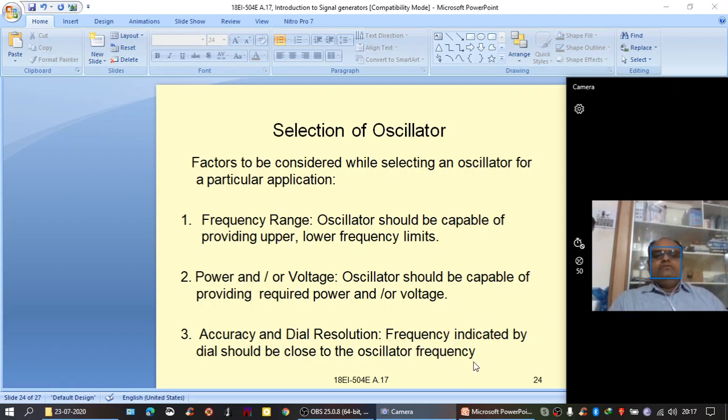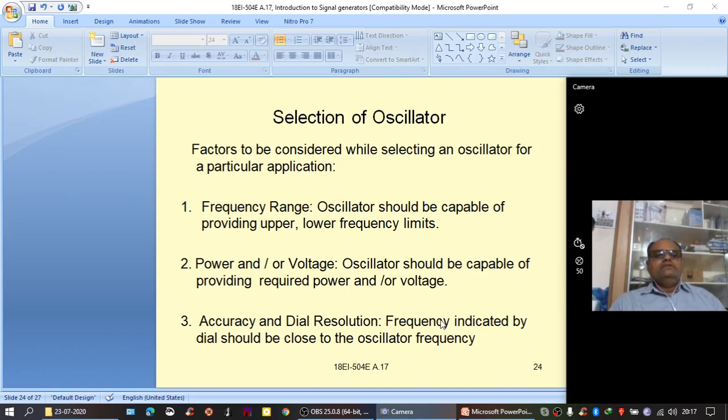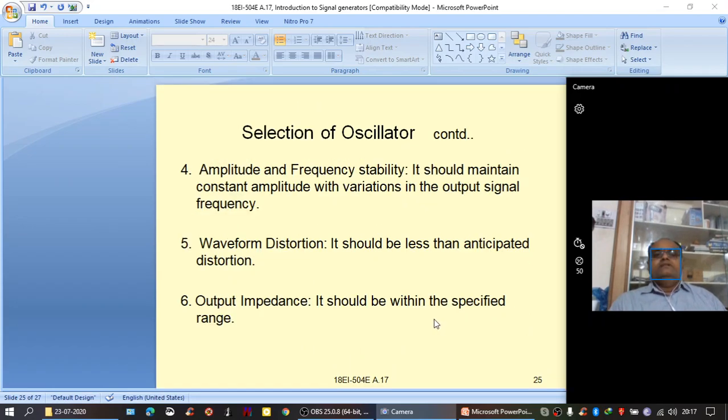So, frequency indicated by this dial should be close to the oscillator output frequency. These three should be taken care of when you are selecting an oscillator.